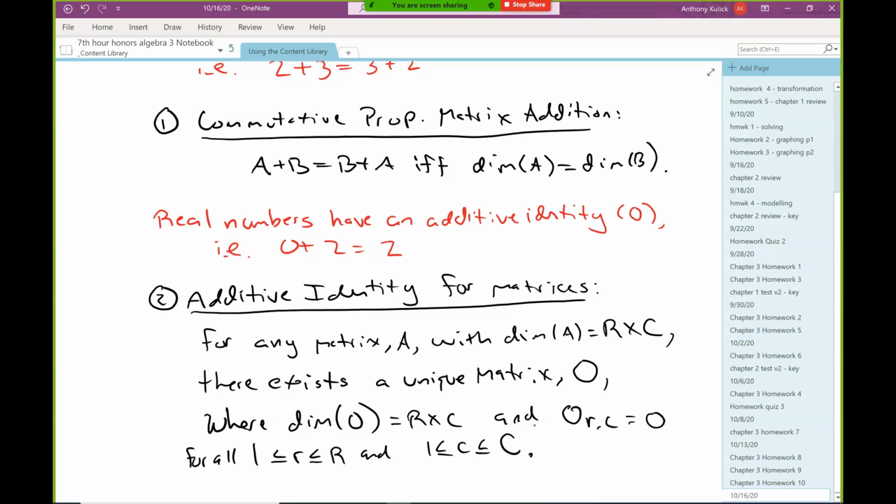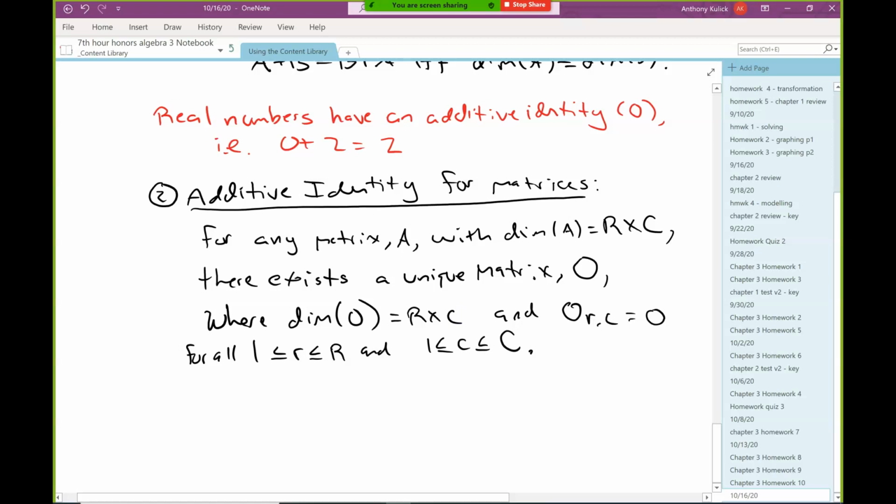Why do you suppose I chose the letter O to represent the additive identity for matrices? It's kind of obvious. It looks like 0, right? What's it acting like? 0. So why am I going to pick O? Because it looks like the number 0. It reminds me of that.